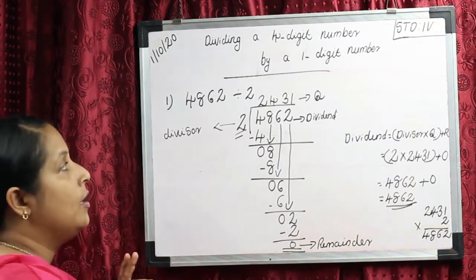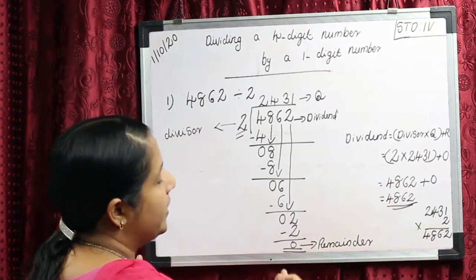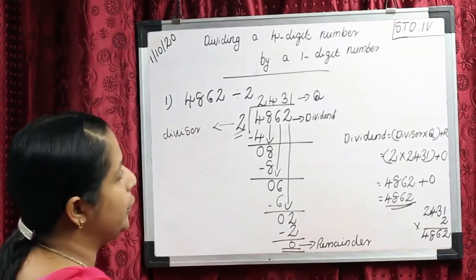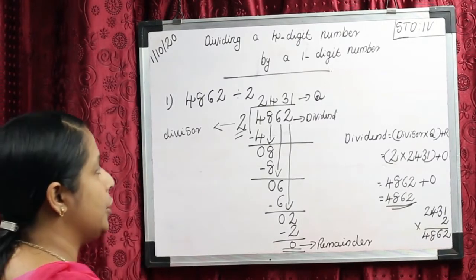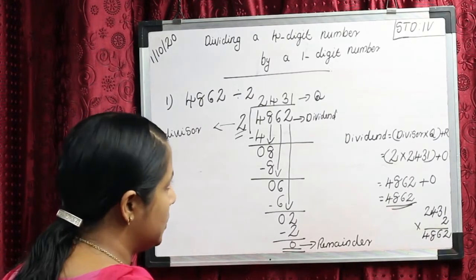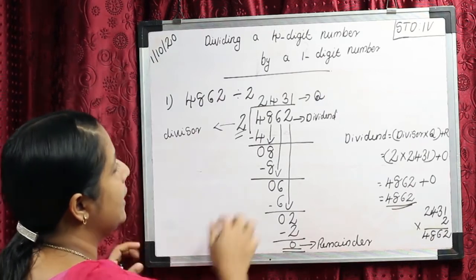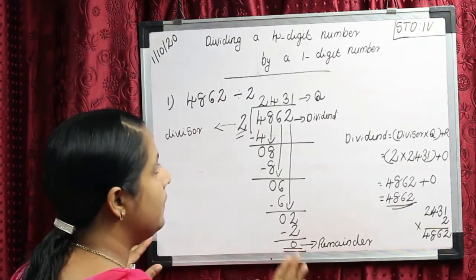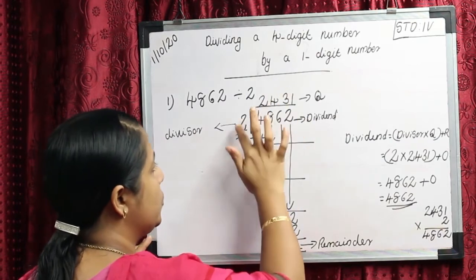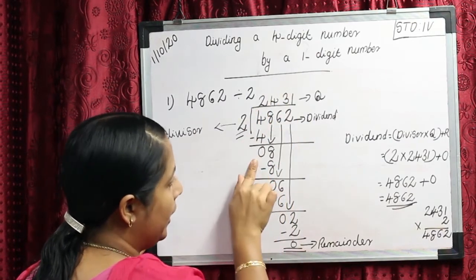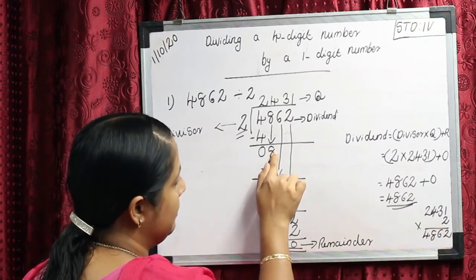Okay. Then once again I will explain. Consider the number 4862 divided by 2. We are taking the 2's table, then we take single numbers. First we take the number 4. In 2's table we get 4 as 2 2's are 4, then 4 minus 4 equals 0. Then take the next number 8.